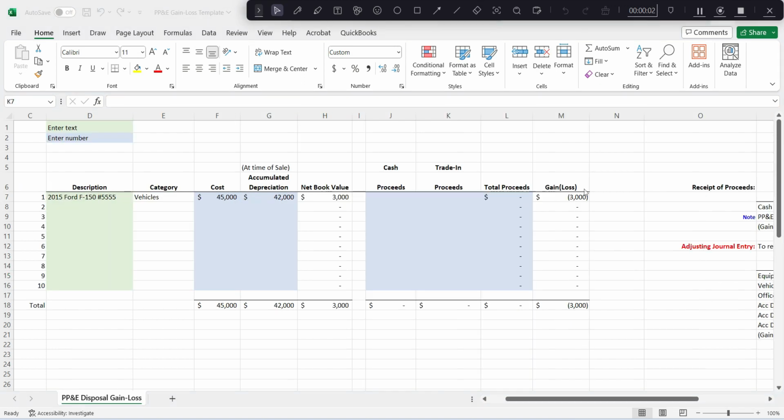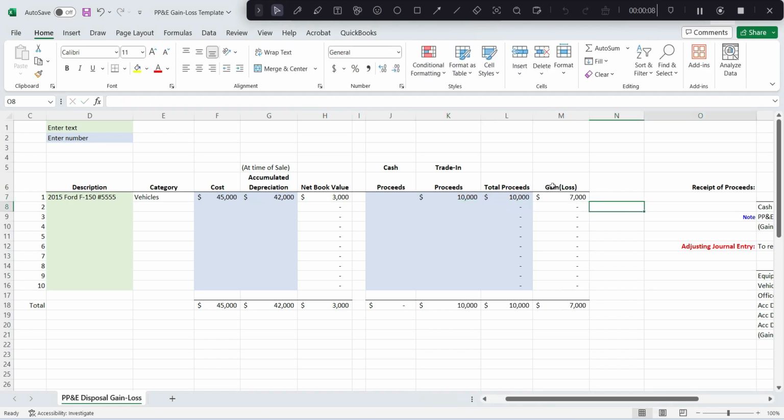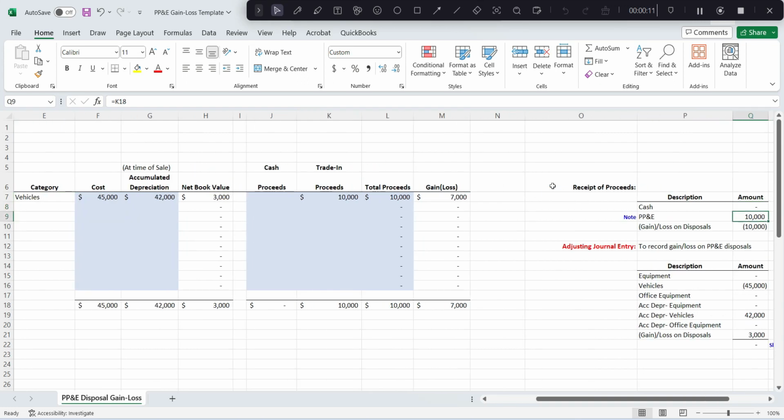Okay, so let's assume in this scenario that you don't receive cash, but you receive a $10,000 trade-in allowance. So the first entry is to record $10,000 to the asset account, and you credit the gain and loss. What I'm going over here is a breakdown into two separate parts. We'll get into a summarized version, but for this purpose, we'll separate it out.